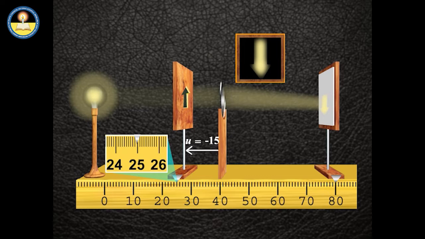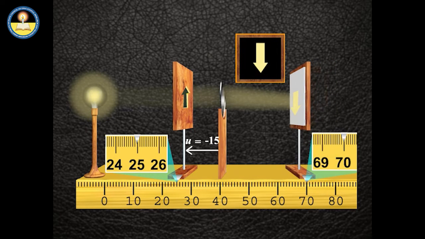Since the object distance is always negative, the object distance u is minus 15 centimeters. By adjusting the screen, we obtain a sharp inverted and enlarged image on the screen, and the distance of the screen from the lens can be used as the image distance, which is 30 centimeters.